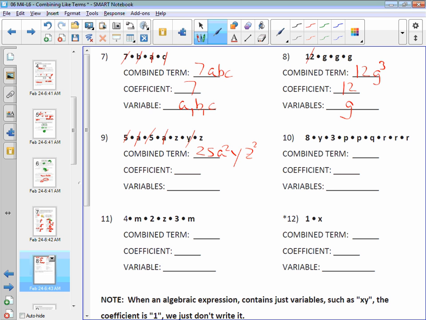Numbers first in this big long expression. What do you got? Ugly expression. Multiply together, what do you get? Cross them out, make sure you cross them out. First letter you see alphabetically. How many? 2. Cross them out. How many Q's? Cross it out. R. How many? 3.